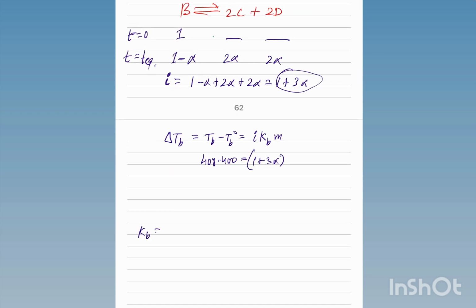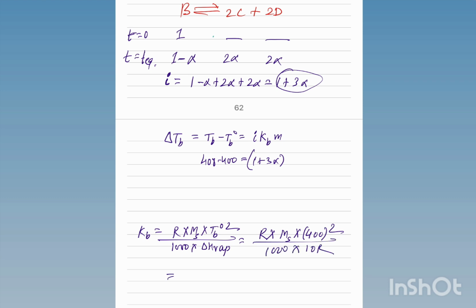Kb has a formula: R into molar mass of the solvent into TB naught squared, divided by 1000 into enthalpy of vaporization. When we put all the values, this is 400 squared divided by 1000 into 10 R. So by putting these values, we get Kb as 16 Ms.